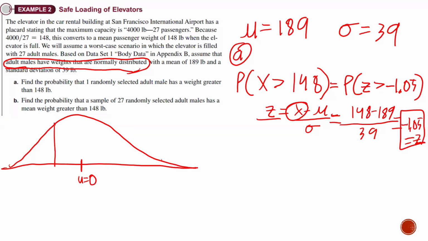Okay. Now, which side of that line should I be shading? It says, what's the probability that it has a weight greater than 148? To the right.